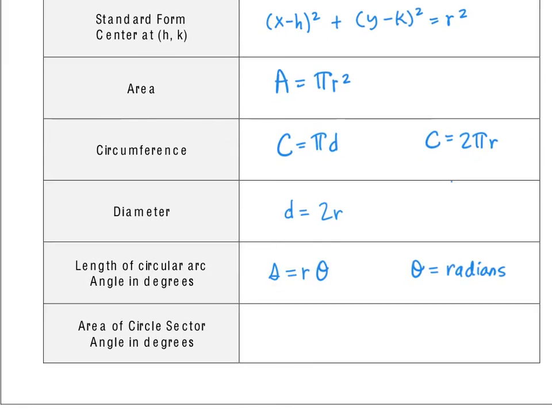And then area of the sector would be capital S here. This would be theta divided by 360 degrees times pi r squared. So it's basically taking the area formula and adapting it just for the sector.